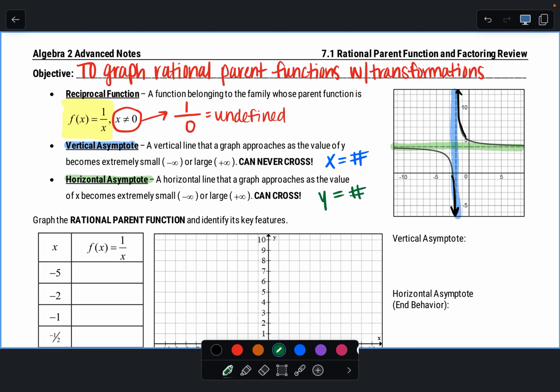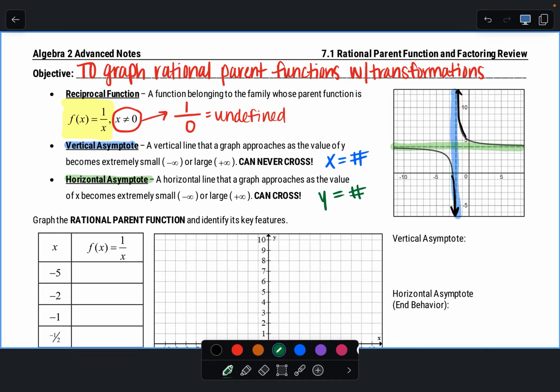All of these are what we've been doing. There will not be any horizontal stretches or compressions on questions that you will see in this class. So it will just be basically a vertical stretch when it comes to this parent function. We will eventually talk about different ways to graph rationals, but for these types of problems, we're sticking to vertical stretch.